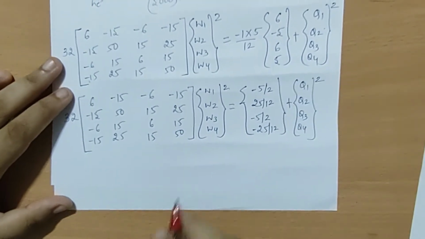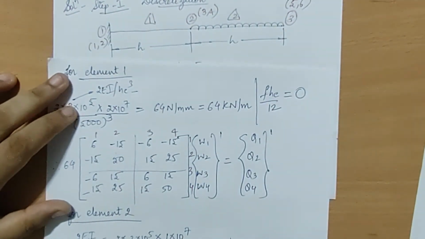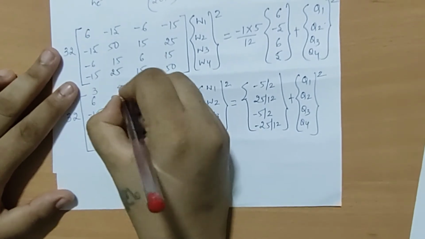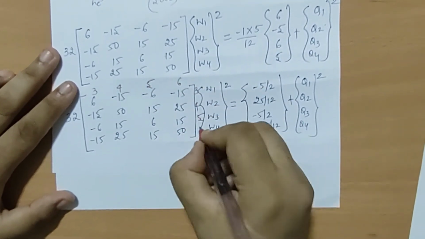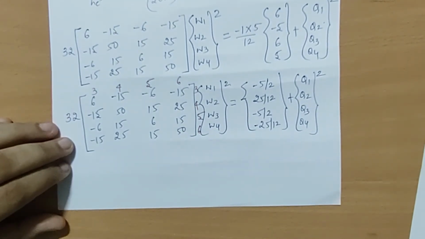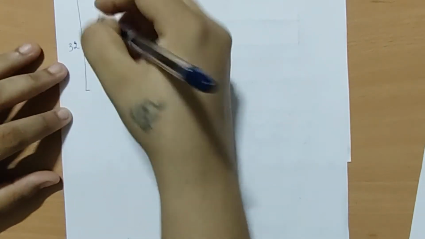Now element 2 is between node 2 and 3. The degree of freedom is 3, 4, 5, 6. So I'll write here 3, 4, 5, 6, 3, 4, 5, 6. Next step is development of GME. I'll take 32 outside. I'll have 6 nodes.